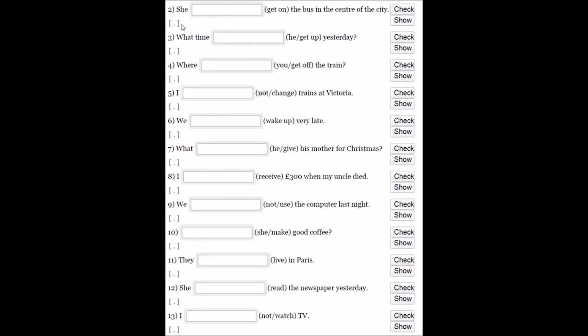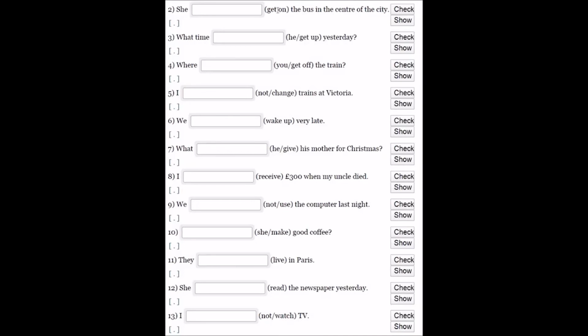The first one: she get on the bus in the center of the city. Okay, so first you look at it. If you see something like this, get on, in here we have get up, get off. These verbs you already know, like get up. It means you get up in the morning. You remember this one. You already know this verb.